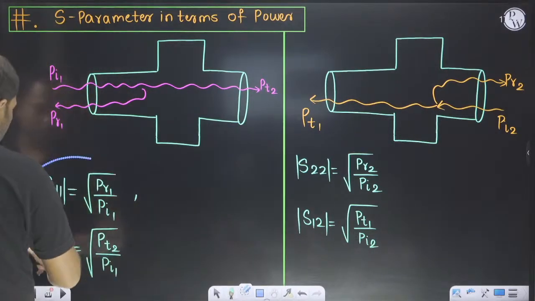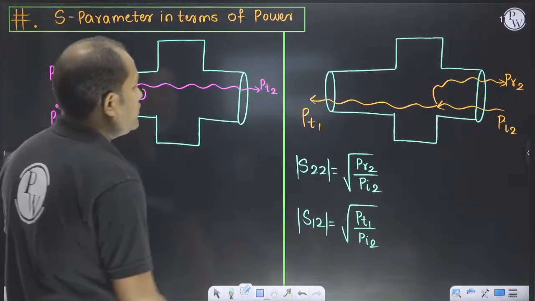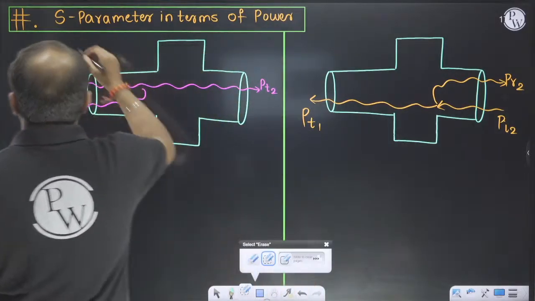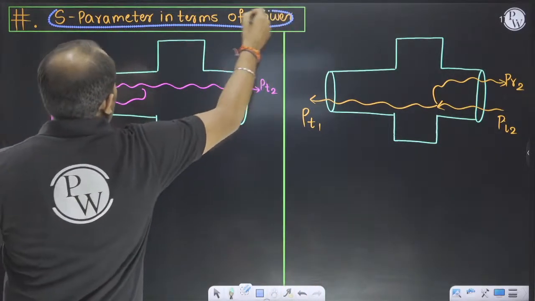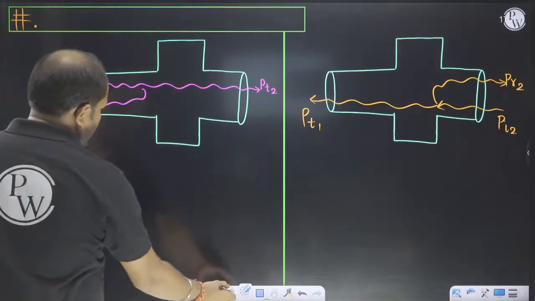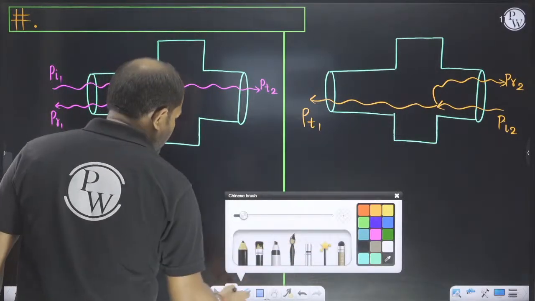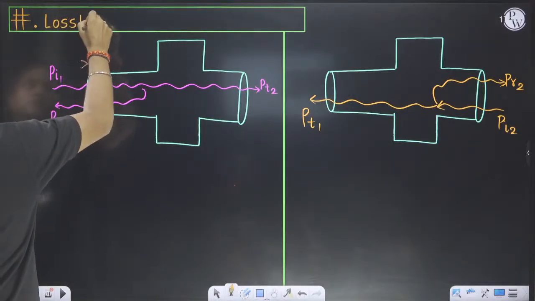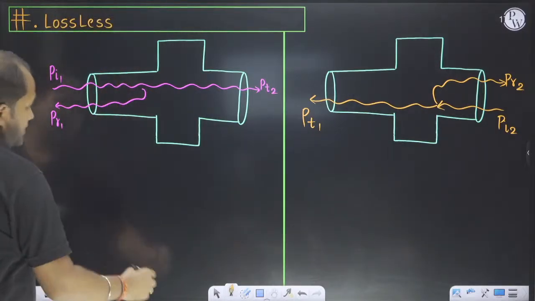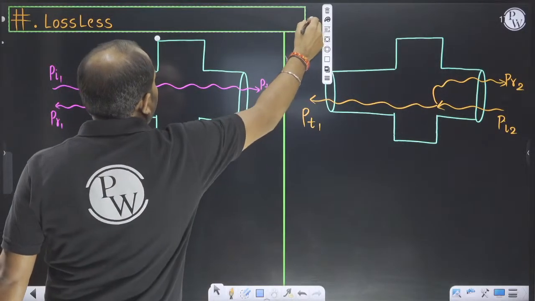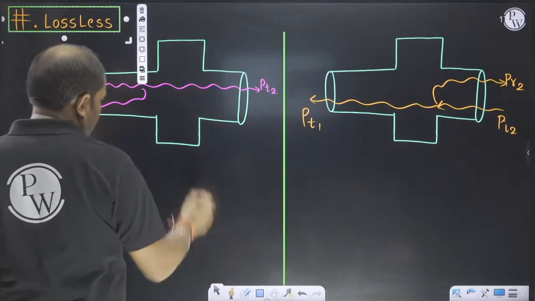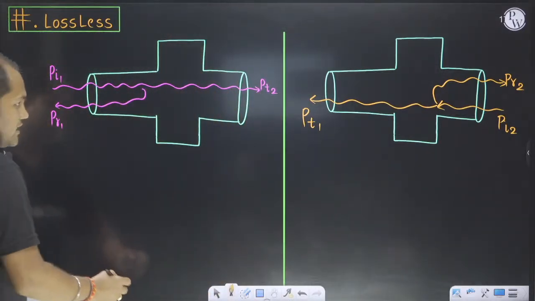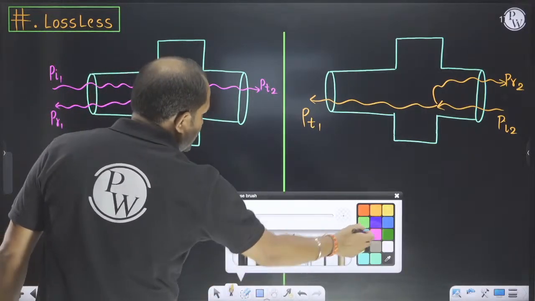Second case. First of all, I will define for lossless. What is the condition for lossless? They may ask condition for lossless, condition for attenuator, condition for reciprocal, anything.